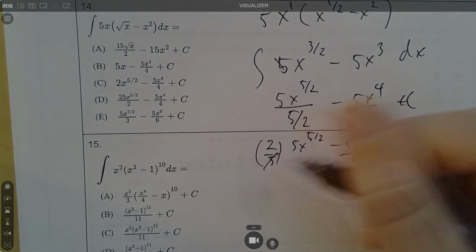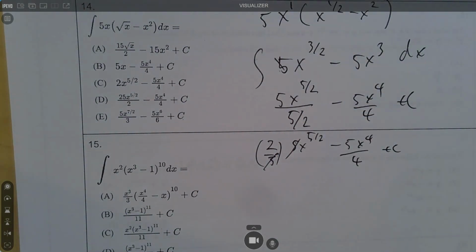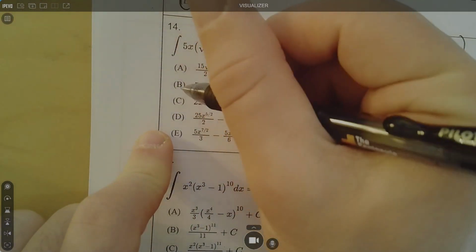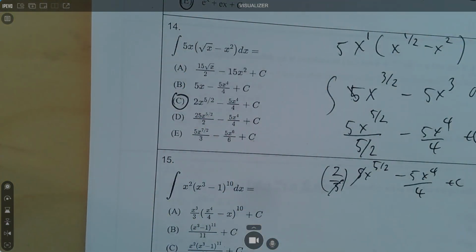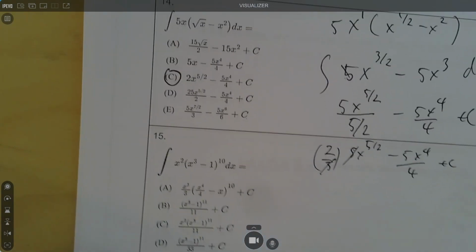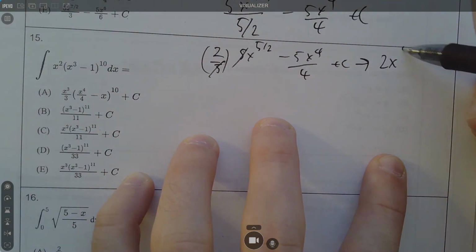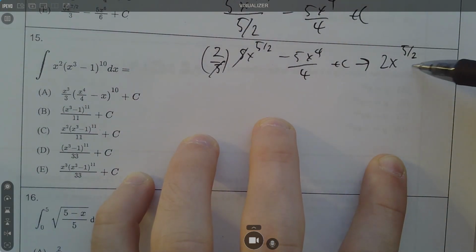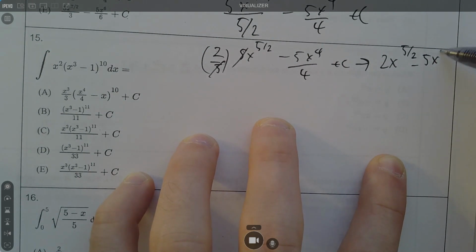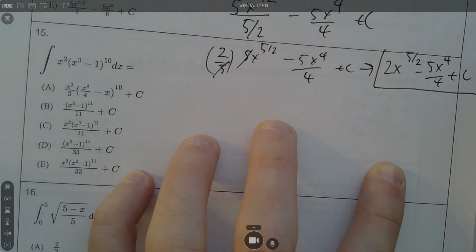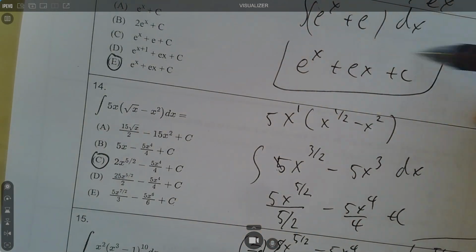And so those 5's cancel, so it'll just be a 2 on top. So there it is, 2x to the 5 halves minus 5x to the 4th over 4 plus c. Okay. Let me write that clearly here. This is going to become 2x to the 5 halves minus 5x to the 4th over 4 plus c.